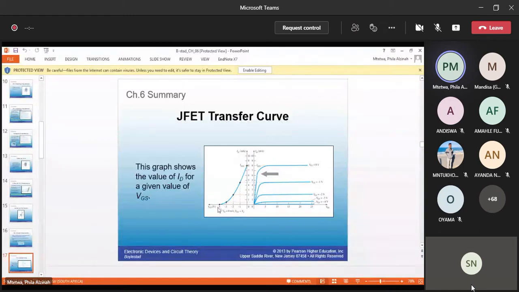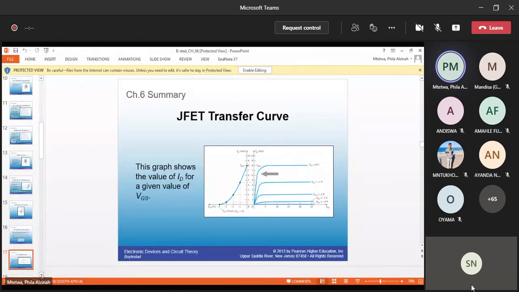Here at -4, that's your pinch-off voltage. At this voltage, your device will give you an output current of 0, and your maximum possible current is your IDSS. In this case, it's 8 milliamps. But we're still going to look at that in depth in the forthcoming chapter.